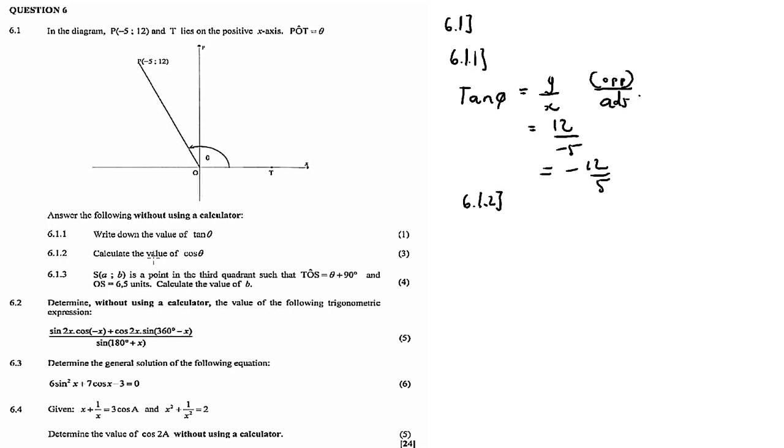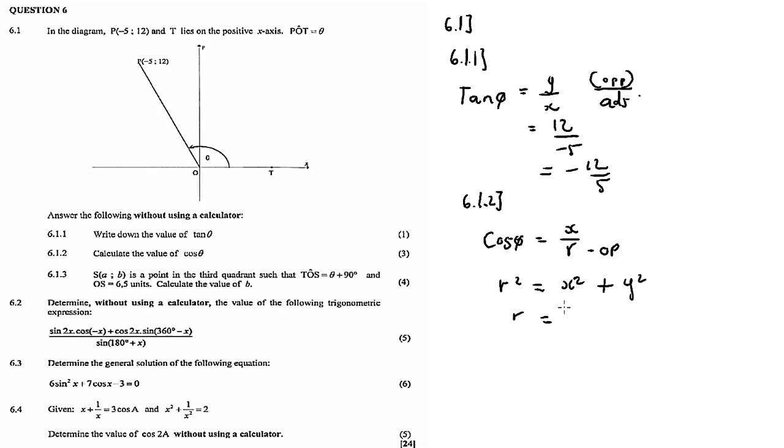6.1.2. Calculate the value of cos theta. So cos theta is equal to x over hypotenuse, right? X over hypotenuse, which is r. So in this case we need the value for r, or the hypotenuse of this triangle. So r squared is equal to x squared plus y squared, Pythagoras.